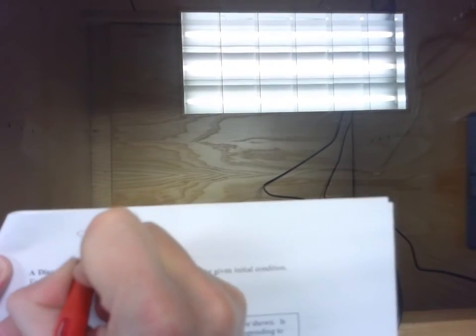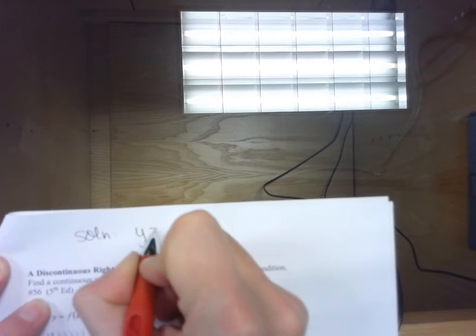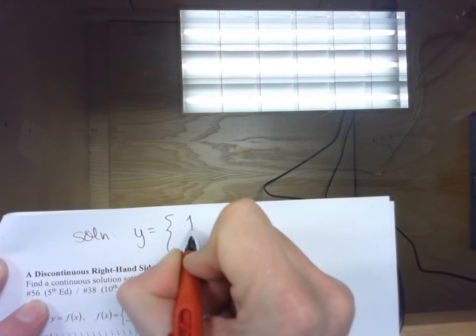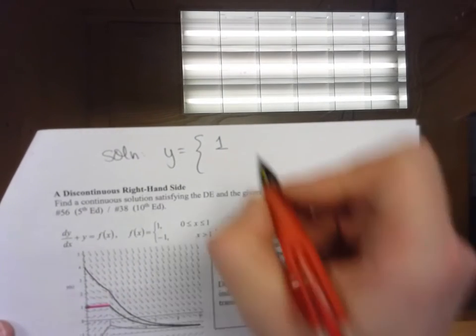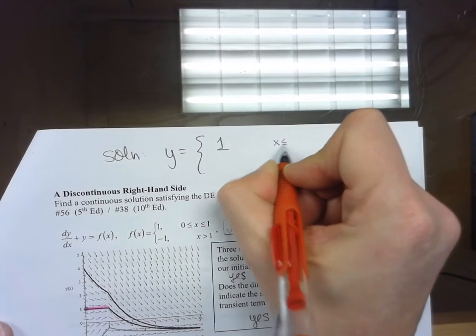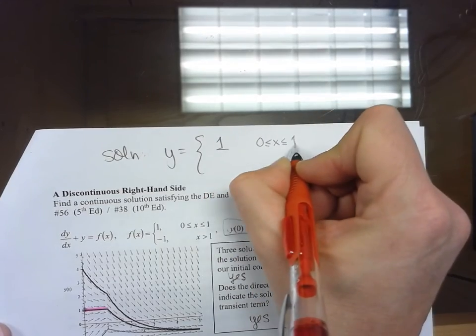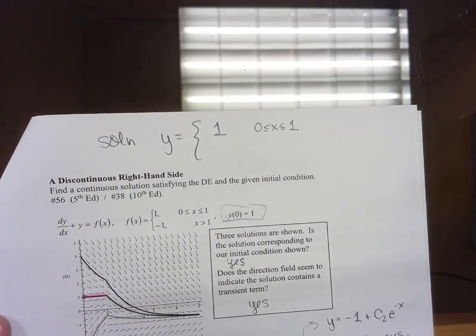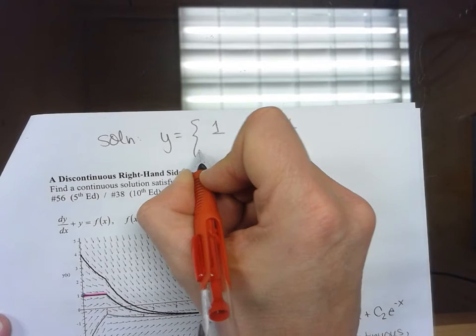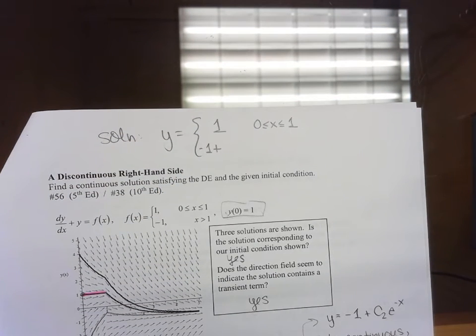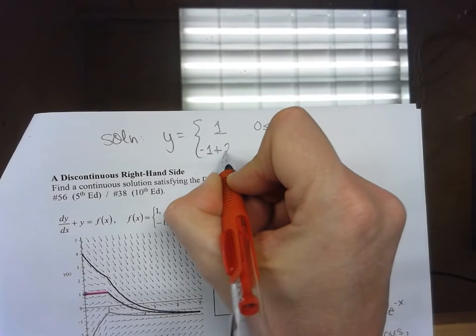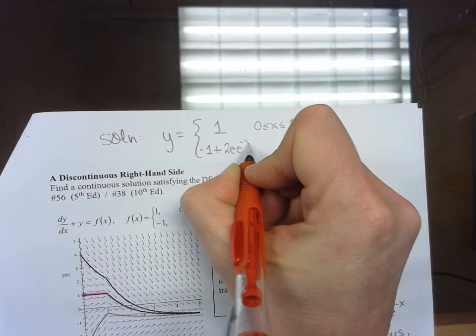So our continuous solution is y equals the constant function 1 if x is between 0 and 1, and it's -1 plus C2 was 2e, e to the -x for x greater than 1.